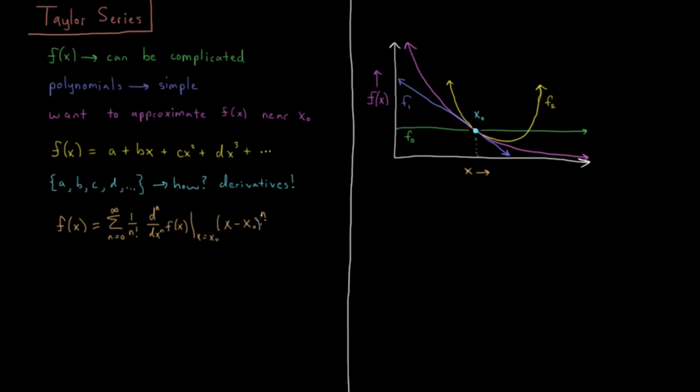Okay, so we'll see that, basing our function around x naught, we get our coefficients from the nth derivative of f of x at that particular point.